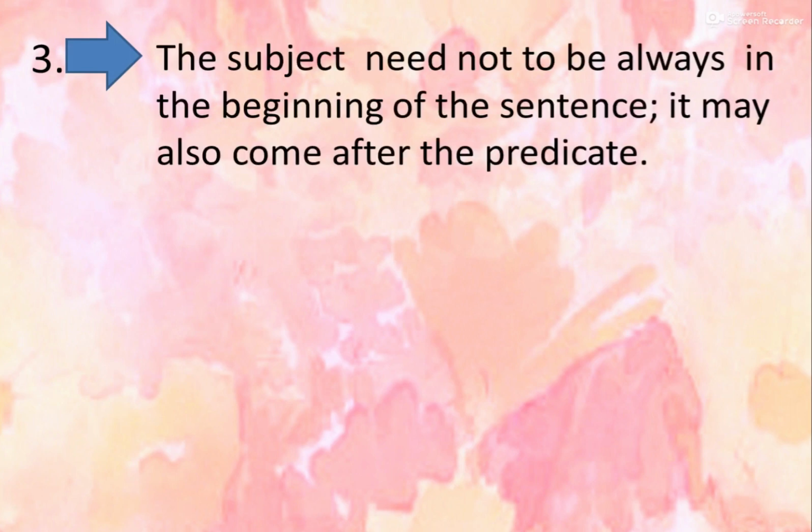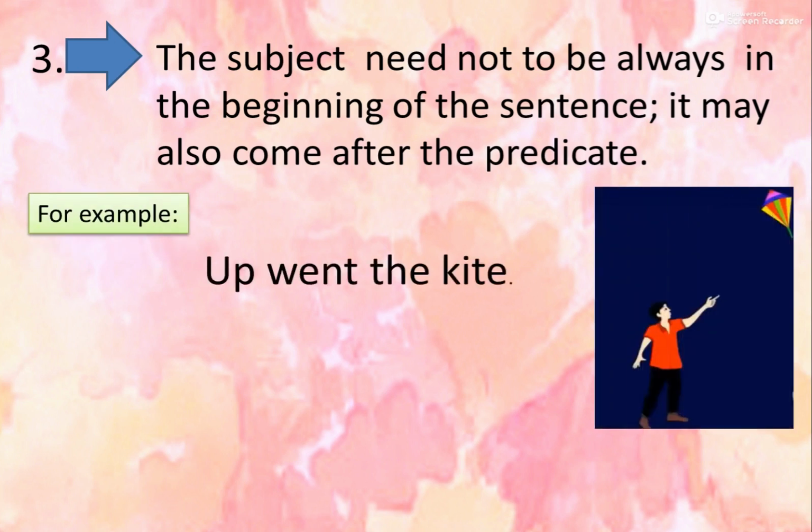Now let's see the third point that we need to keep in mind. The subject need not always be in the beginning of the sentence. It may also come after the predicate. For example, "Up went the kite."